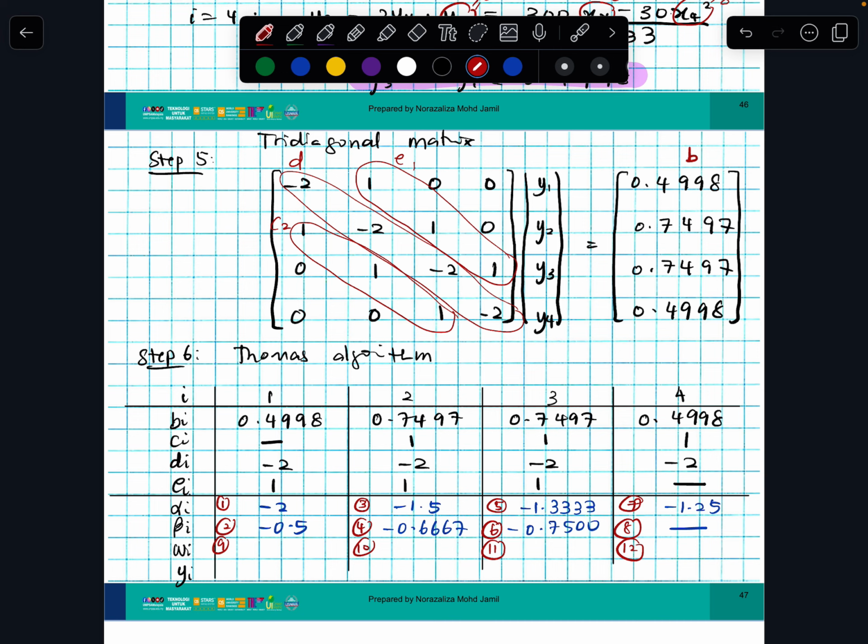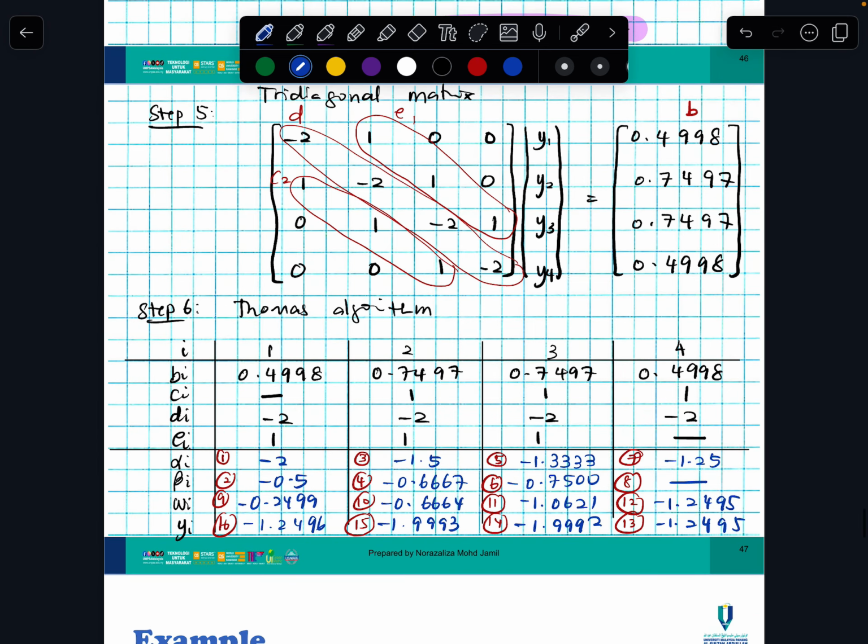We need to fill in the value of W. Now, lastly, let's find the value of Y. Start from the backward. 13, 14, 15, 16. So this is the solution, okay?